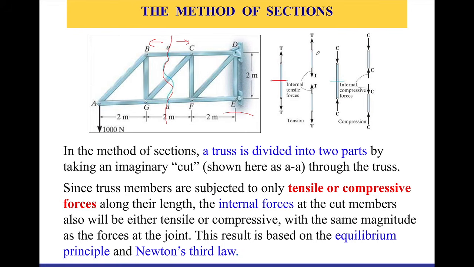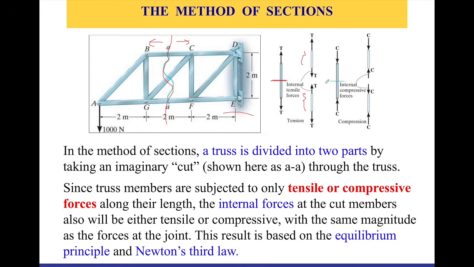We created two smaller portions of the member. They are also going to be subject to tension forces, because internally we have tensile forces. When we expose them, they continue being tensile forces with the same magnitude.